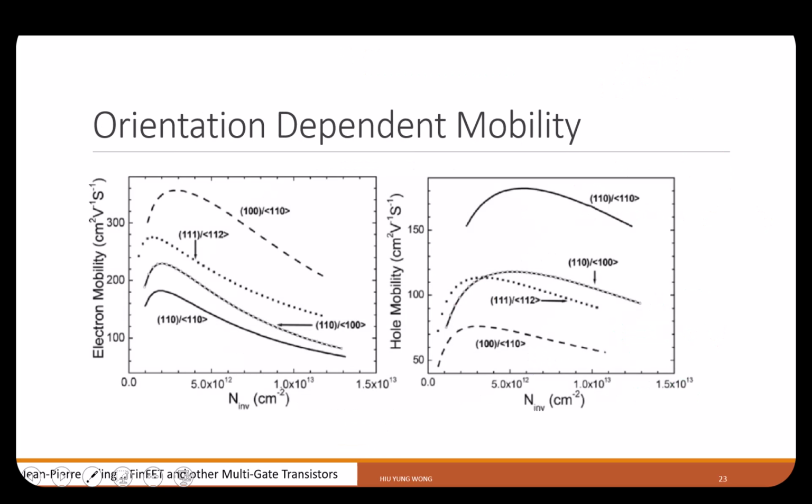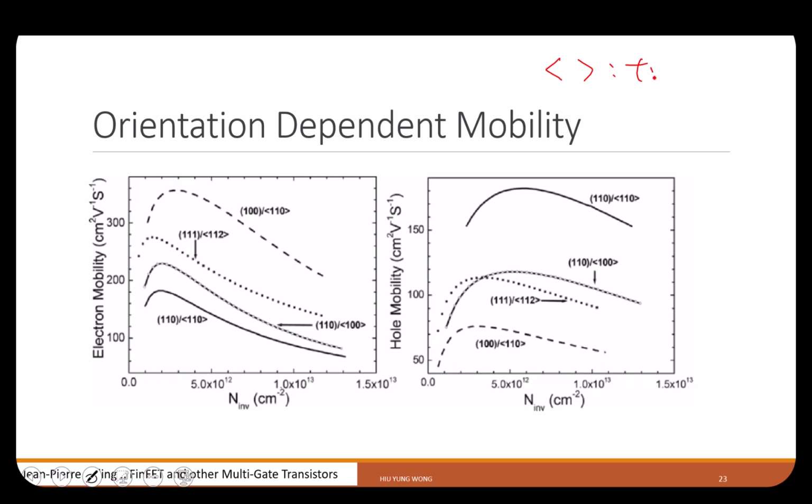So because of this, the mobility of FinFET depends highly on not just the transport direction. Let's look at this. 1, 1, 0, right? And then this is the surface. So you need to mention both the transport direction and also the surface direction. That is the only thing I want to show here.